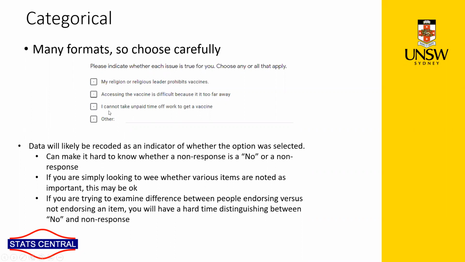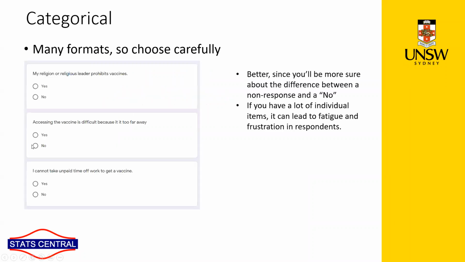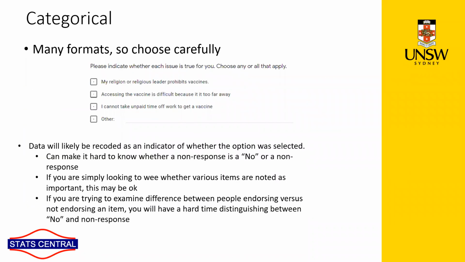I have a few statements, and I'm asking people to read them and indicate by clicking on a box if it applies. And so it's relatively easy. You don't have to move the cursor too much, or move your hand too much if you're presenting it on paper. But the thing here is that your data is likely to be recorded as an indicator of whether an option was selected.